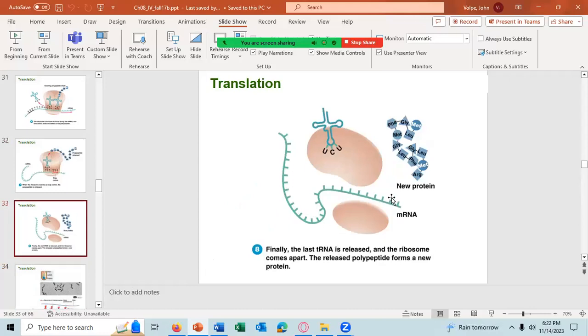So the messenger RNA will be released from the ribosome, the protein will be released, and then the tRNA will come out as well. That will allow this messenger RNA to bind to another ribosome and begin the process of protein translation all over again. Any question about any of that?